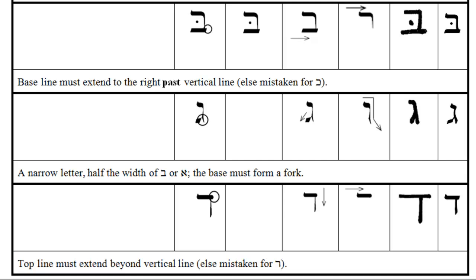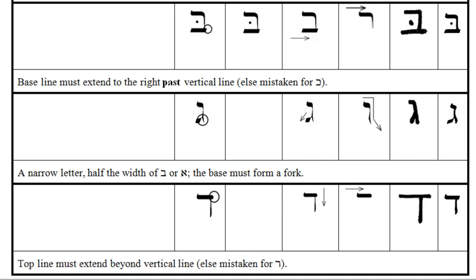The letter Gimel is narrower, about half of the width of the letter Beit. It begins in similar fashion, upper left with a stroke to the right, and then downward. The downward stroke, however, at about the last 25%, will angle, forming a leg slightly to the right.